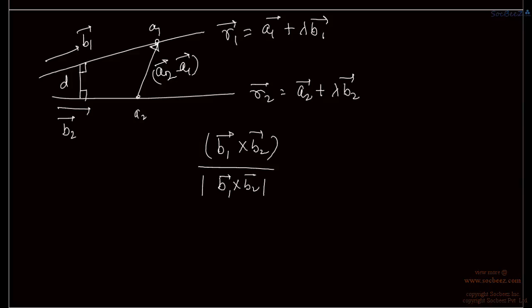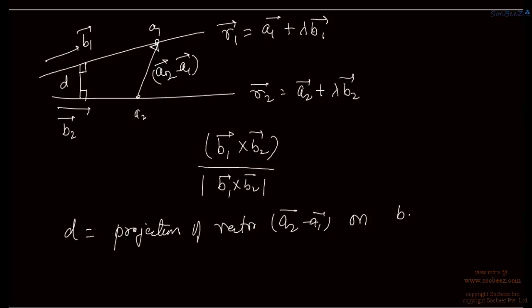If we want to find the distance D, it is nothing but the projection of vector A2 minus A1 on vector B1 cross B2, right?